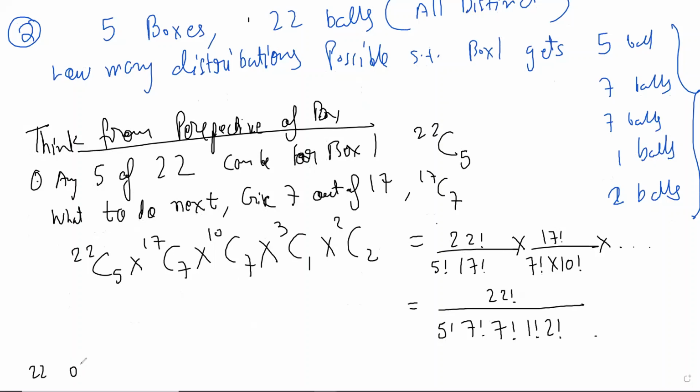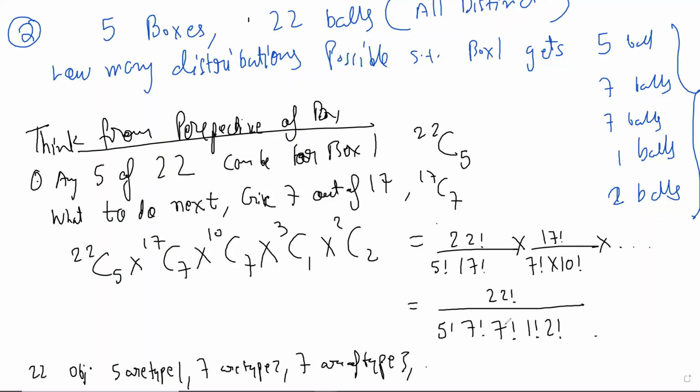Let's say you have 22 objects, and 5 are type 1, 7 are type 2, and the other 7 are of type 3, and so on.